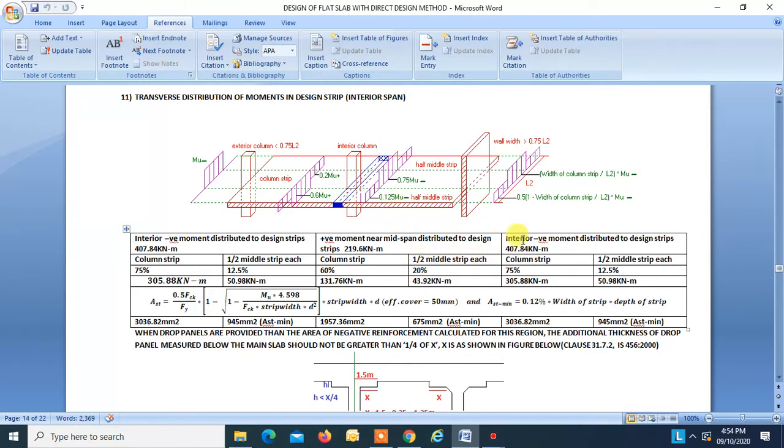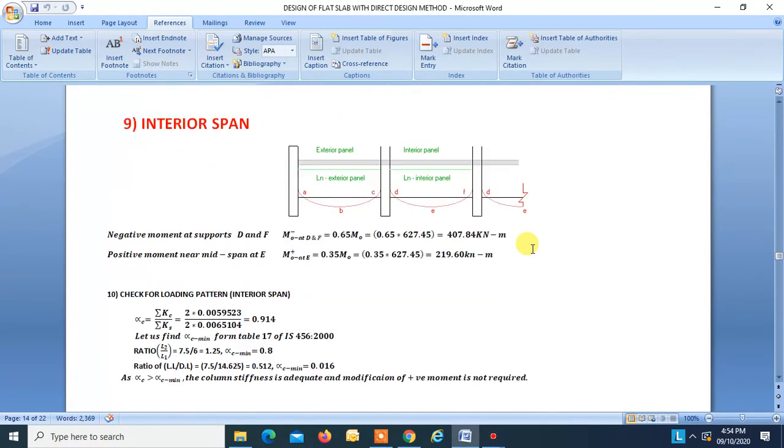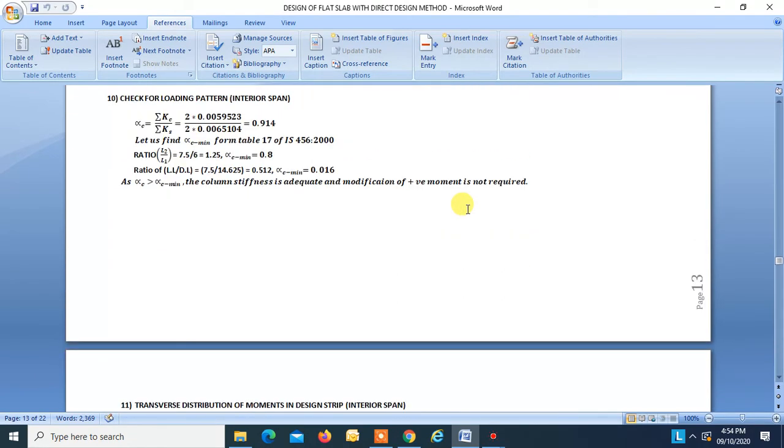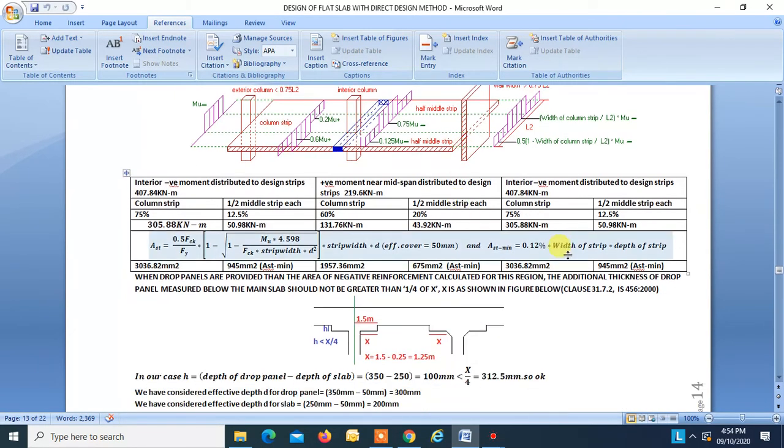And coming to the interior negative moment distributed to the design strip, that is 407.84. That is over here. So 75% to the column strip and 12.5% to each half middle strip.